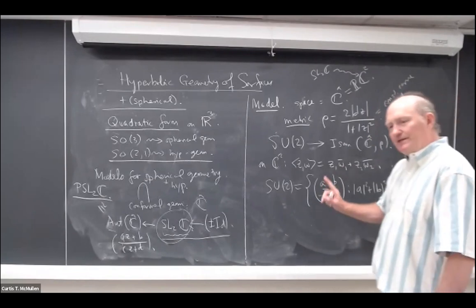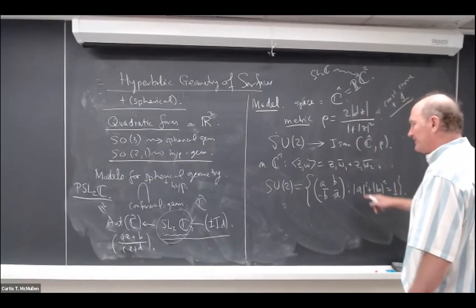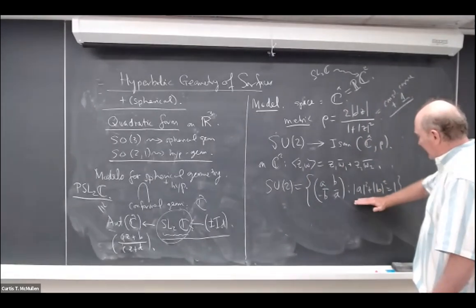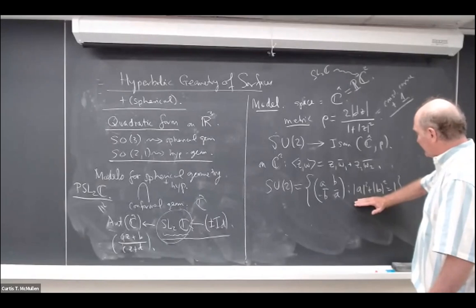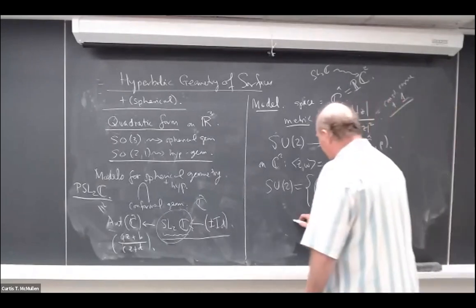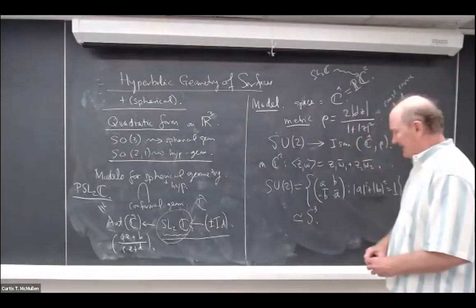And what you'll notice is that SU2 only depends on 2 complex variables A and B, and it can be thought of, therefore, as a subset of C2 in its own right. And what subset is it? It's just a unit sphere. So SU2 as a group is isomorphic to S3.